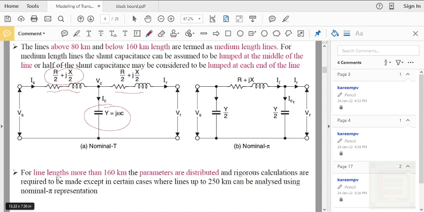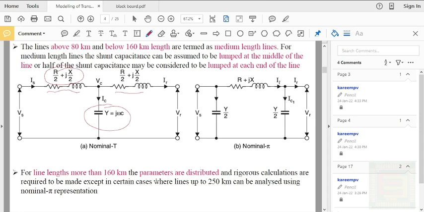And for line lengths greater than 160 kilometers, or say 200 kilometers, you have to consider the continuous distribution or continuous variation of the line parameters, the inductance and the capacitance. You have to do rigorous calculations in order to assess the performance and efficiency of the transmission line.